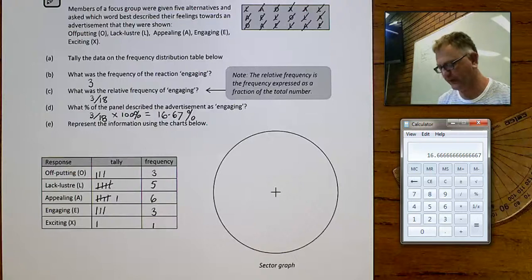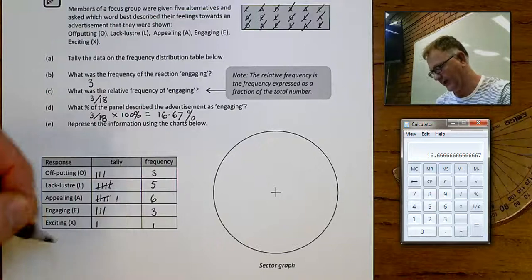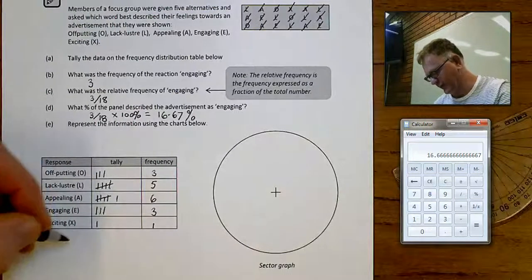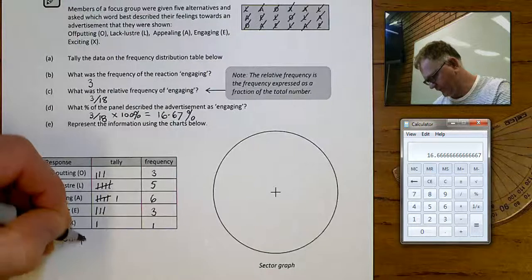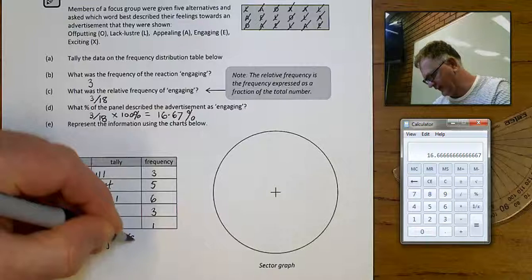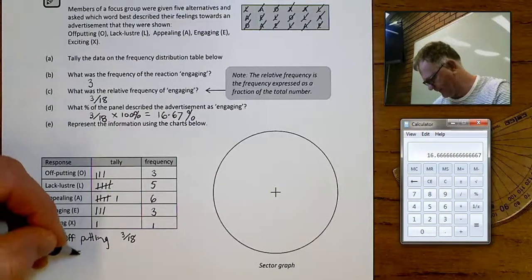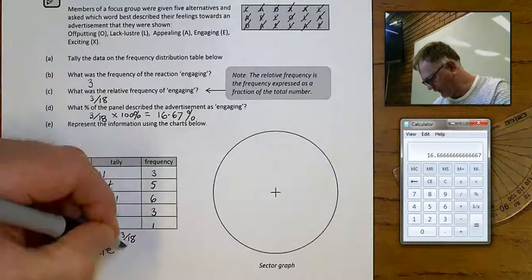And now we have to draw some graphs. The first one is a sector graph. To draw a sector graph, the way to go about it is to write each of these frequencies as a fraction. In other words, write their relative frequency down. So I'll do a bit of working out here. We've got off-putting, that was 3 out of 18. Lackluster was 5 out of 18.